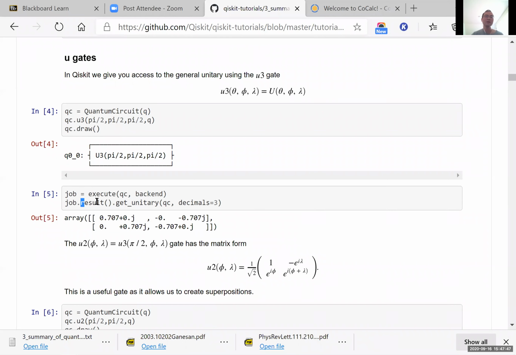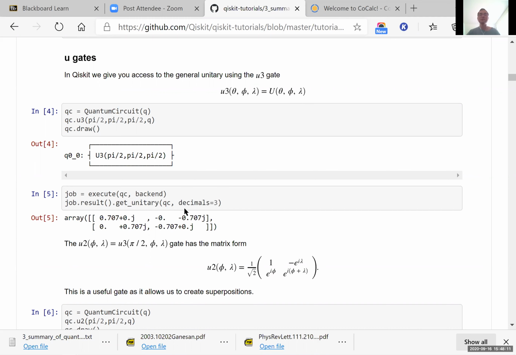Once it's done, you can obtain the result just using this function call, and then you get the unitary. QC is the circuit, and this just represents how accurately you want to represent it. So it would show the matrix of the unitary.